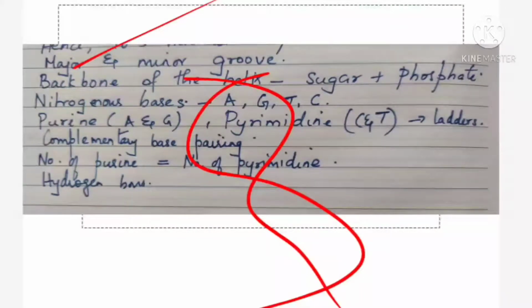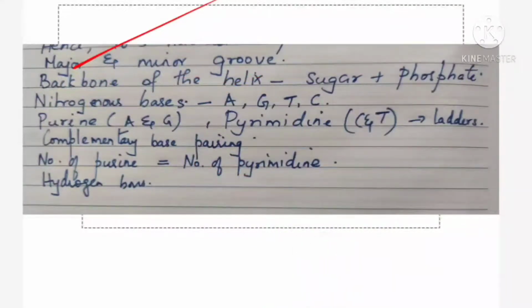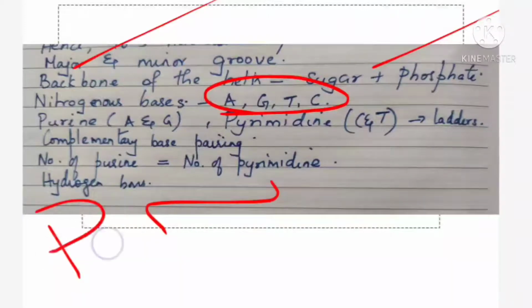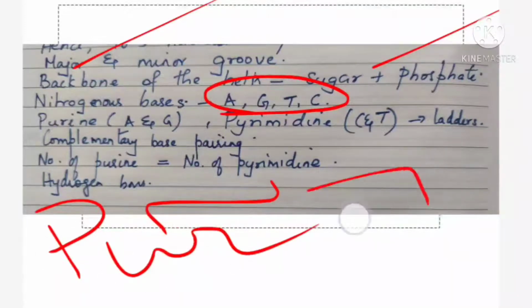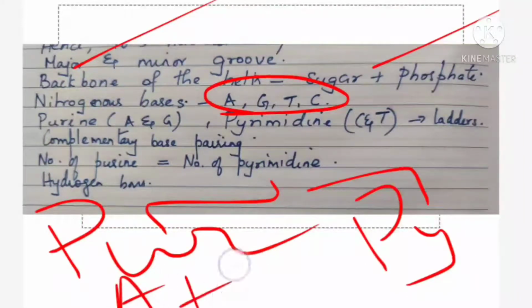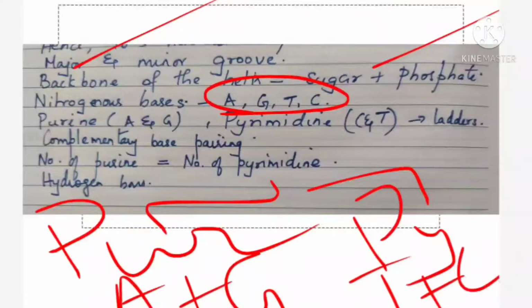So the backbone of the helix is made up of sugar and phosphate, and the nitrogenous bases are of four types: adenine, guanine, thymine and cytosine. The nitrogenous bases are in turn divided into two: purines and pyrimidines. Adenine and guanine are purines, thymine and cytosine are pyrimidines.